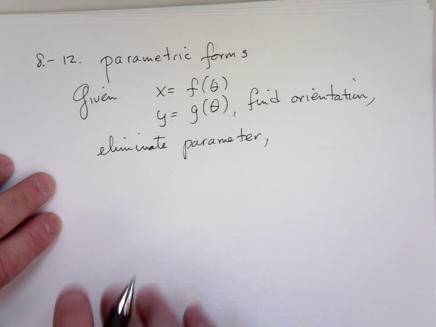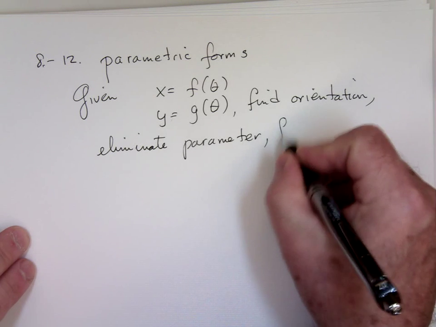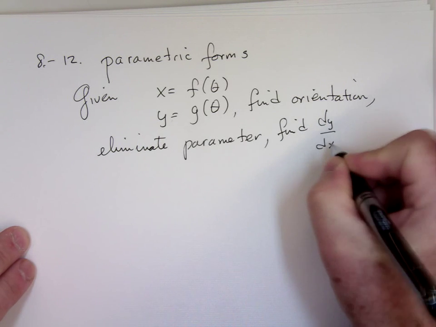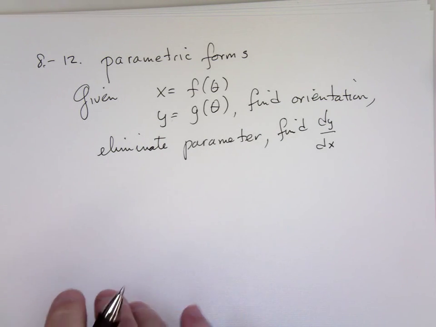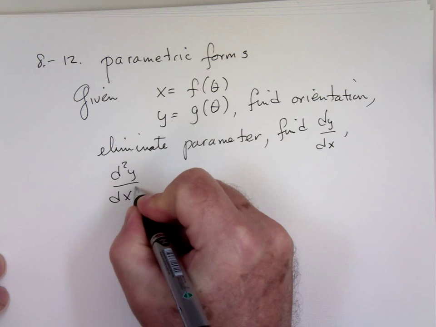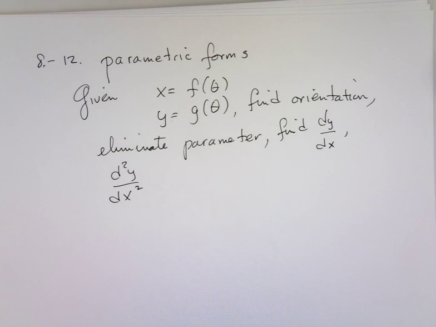I would expect you to be able to find dy/dx in parametric form, and believe it or not, find the second derivative as well. So be careful with that. Oh, and then set up the integral for arc length.